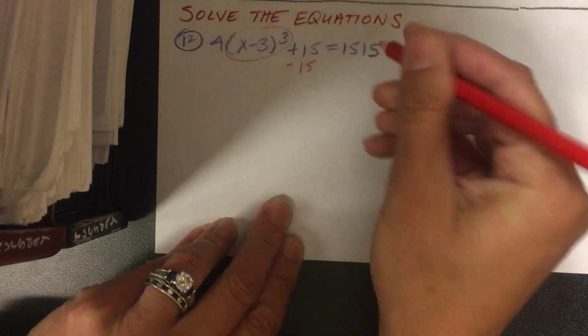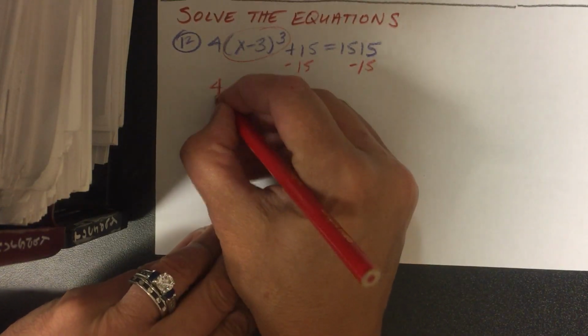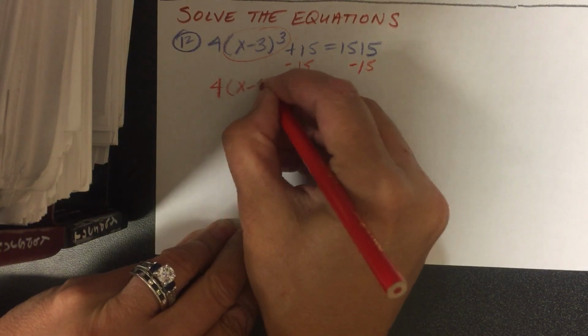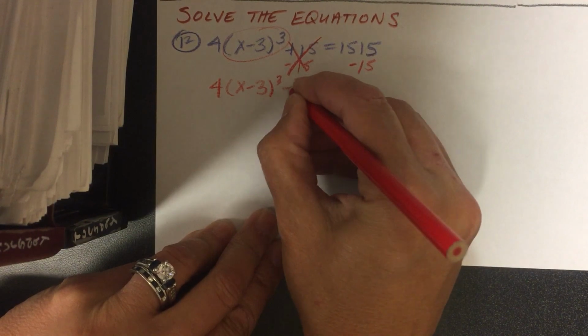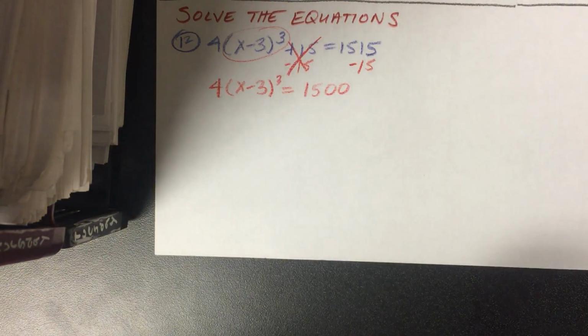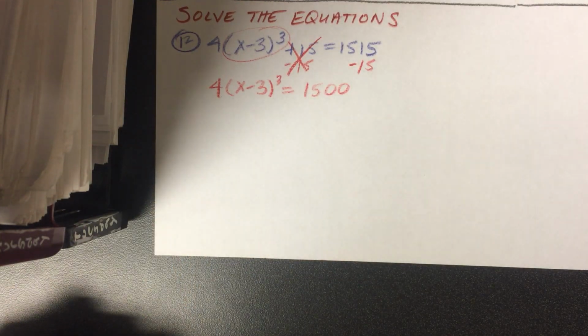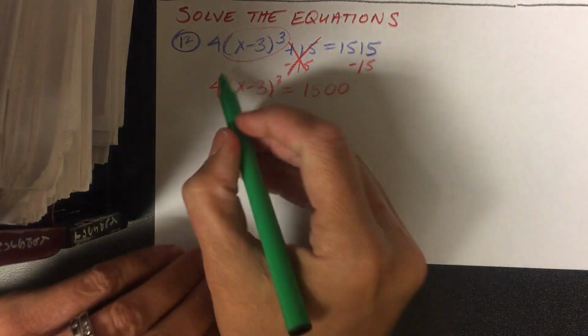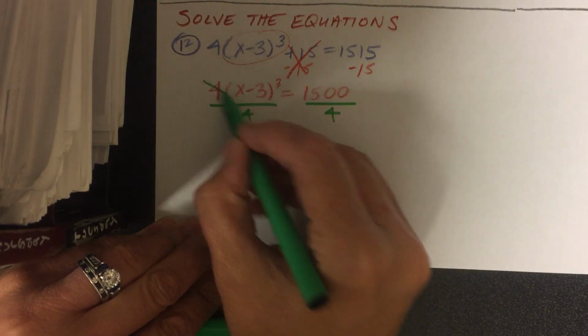I'm going to subtract 15 from both sides, and that gives me 4 times (x minus 3) cubed equals 1500. Once I've done that, I'm going to do the same thing I did with the others. I've got to get that 4 out of there, so I'm going to divide both sides by 4.